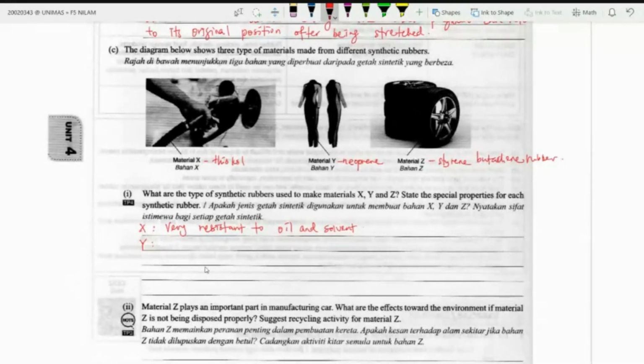Then how about Z? Winnie Wong? What is the answer for material Z? Styrene, butadiene, rubber. What is the special property? Can you find the answer? I'll call Kevin.